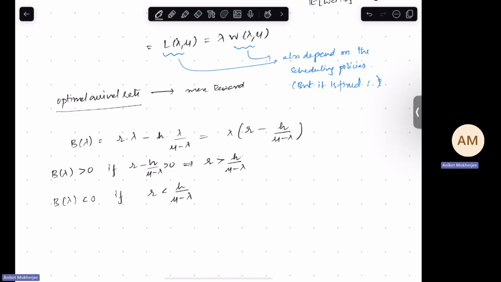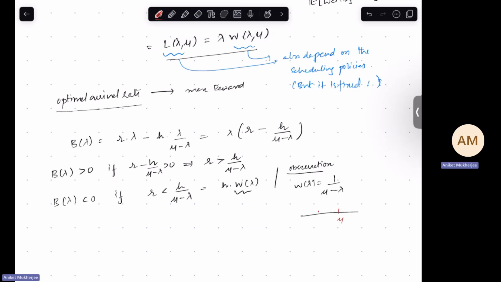Now, from Little's law, we can see that this is equal to h times W(lambda). I'm writing it as a function of lambda because I know that mu is fixed and lambda is the variable. Okay, so now just an observation here: the waiting cost W(lambda) is equal to 1 by (mu minus lambda).